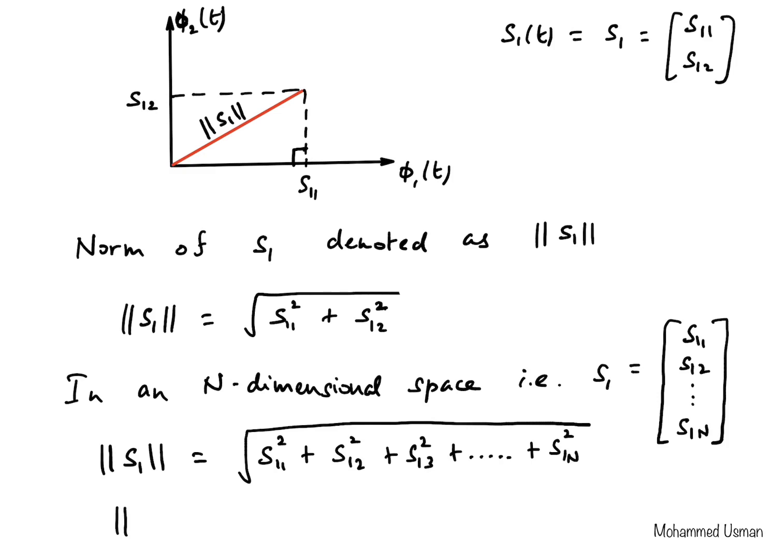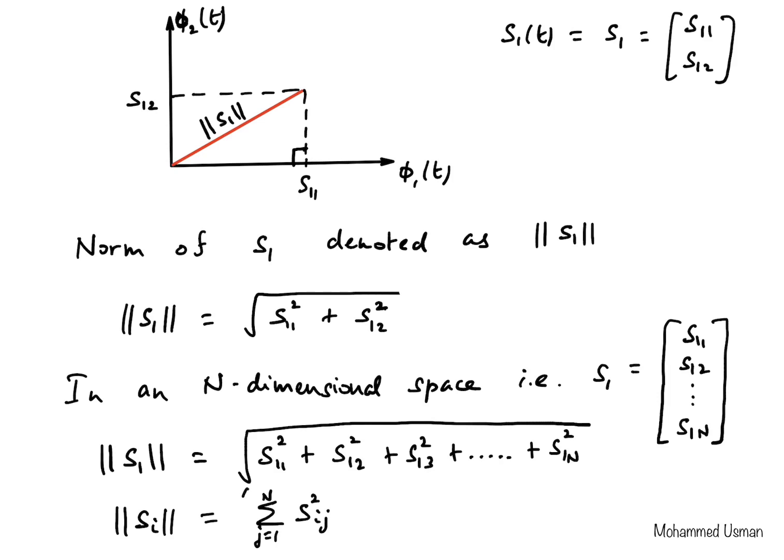In general, we'll write the norm of Si as the summation of Sij square for j going from 1 to n, and this whole thing is under the root, okay?